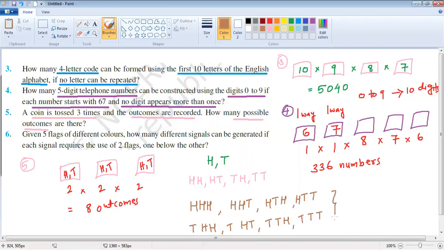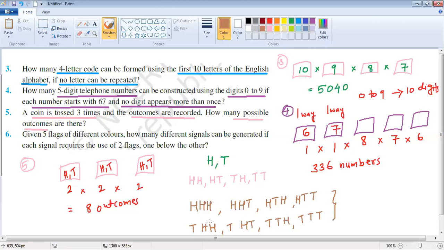So this is the easiest way to write. So you can see that there are 8 outcomes. इसका मतलब first one HHH मतलब first time toss किया head, second time toss किया head, third time toss किया head. Then HHT मतलब first time head, second time head, third time tail.